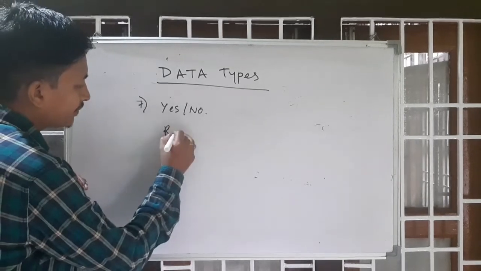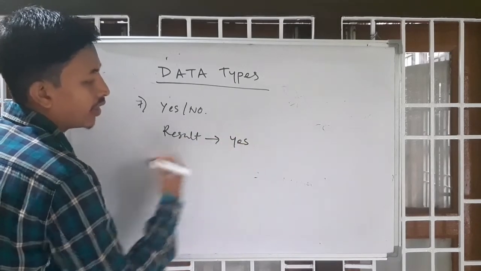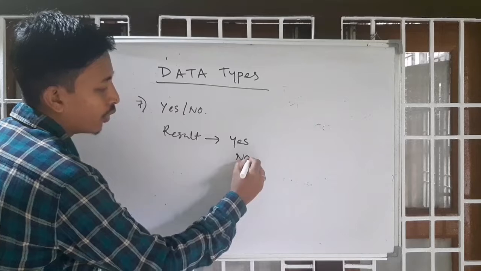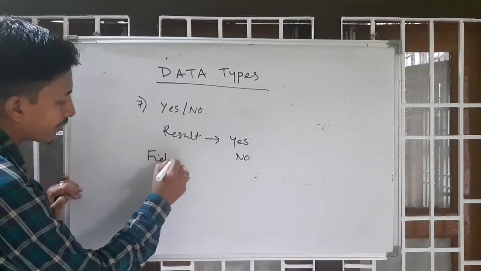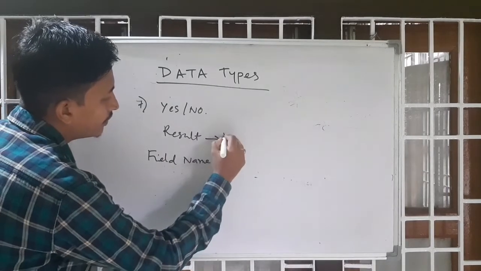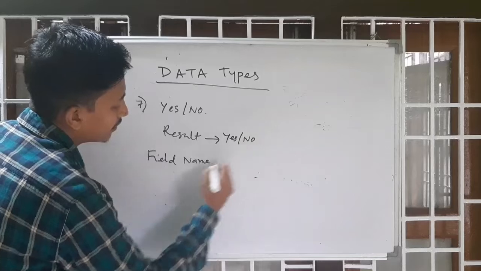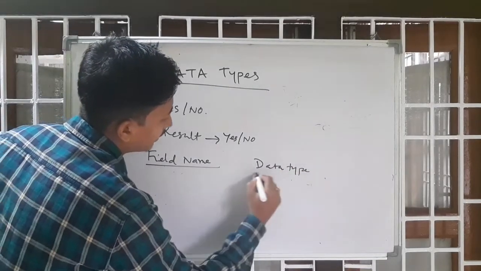The result may be yes or may be no. For example, the field name and their type.